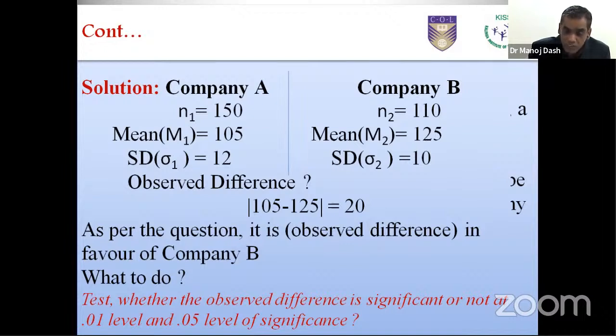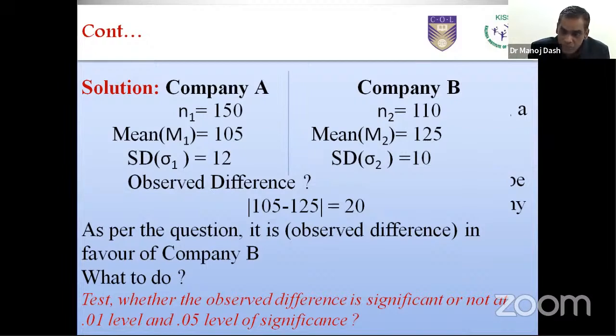Now, as per the question, the observed difference is in favor of company B, because company B is 125 rupees and company A is 105 rupees. The average is 20 rupees more in company B. This is the observation in support of company B as we have obtained from the question.